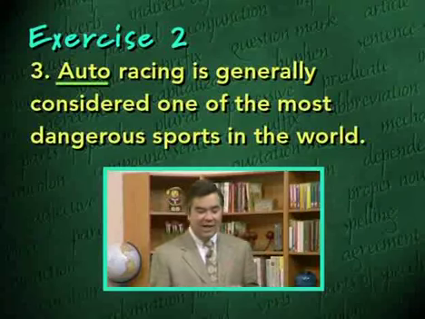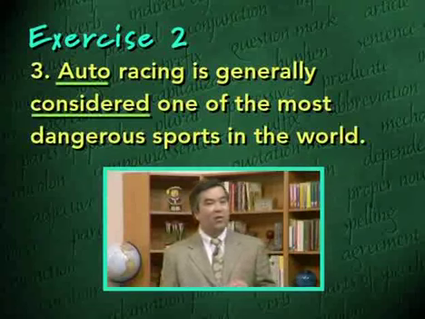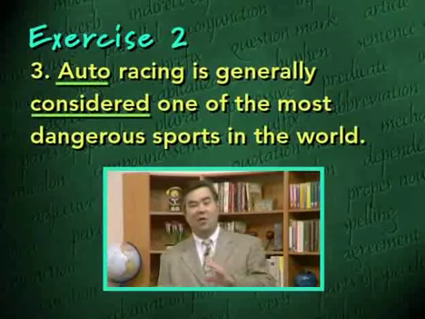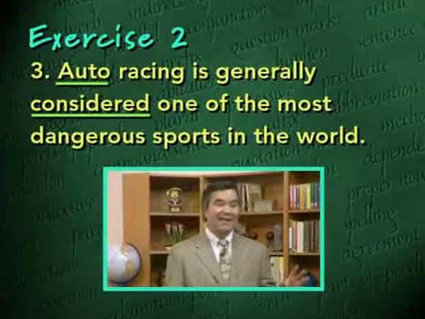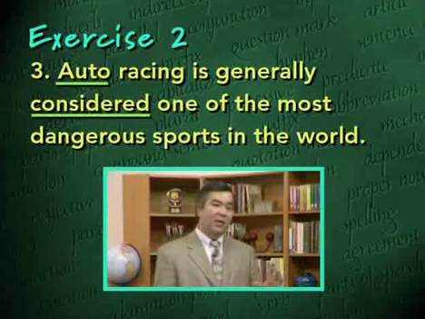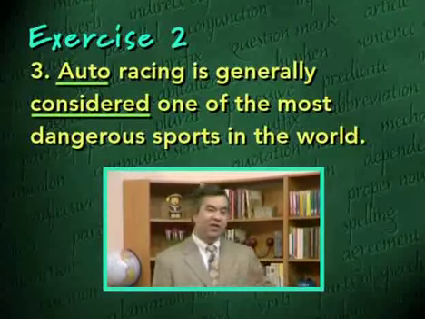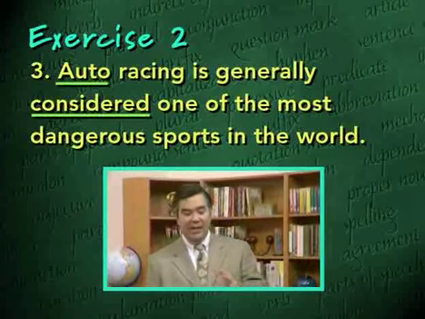Auto is an adjective. Considered is another word which, in this particular sentence, could be considered either an adjective or a verb. It could be considered part of the verb phrase is considered, or it could be considered an adjective which is linked to the noun racing by the be verb is.